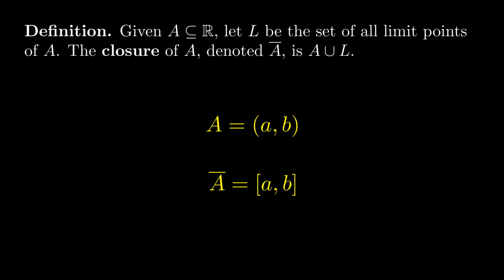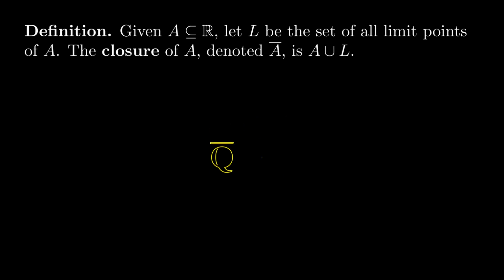And since every real number can be expressed as the limit of a sequence of rationals, the closure of the rationals equals the reals. In the case where we took the closure of an open interval, the result was clearly a closed set. But it's not immediate that that's always true. So we should state this as a theorem.